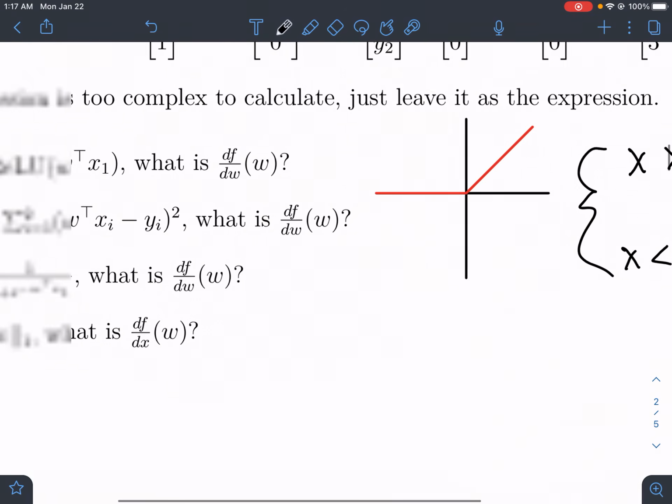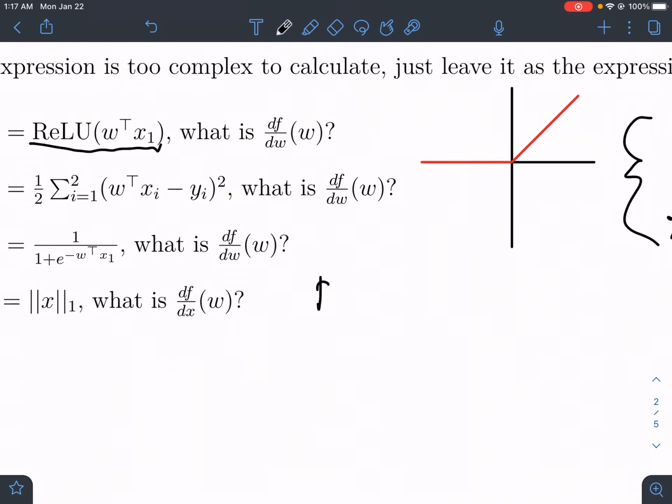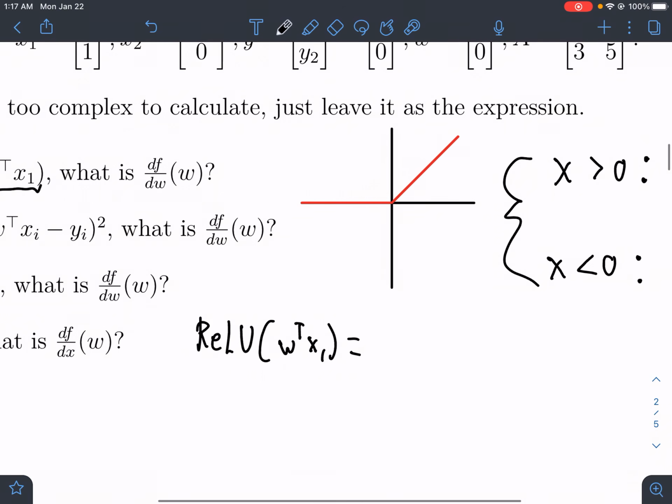So what we need to do here is calculate ReLU of W transpose x1. That would be 1, 0 dot 1, 1.